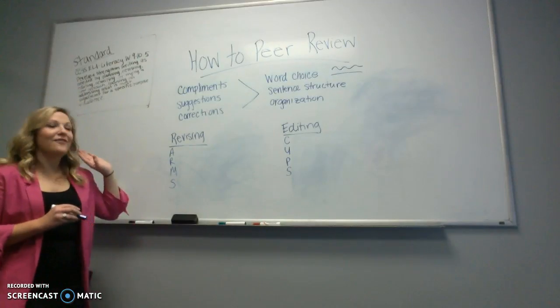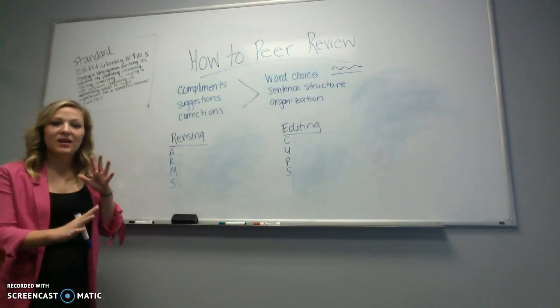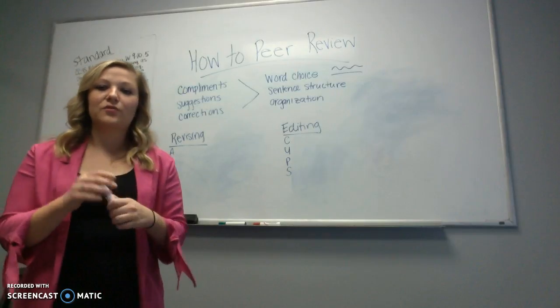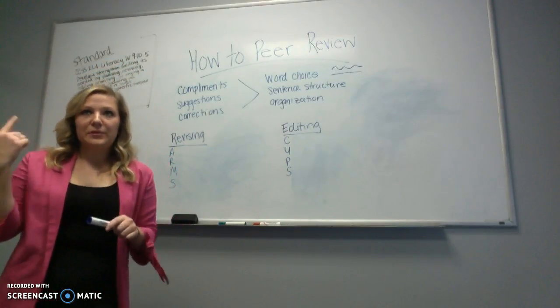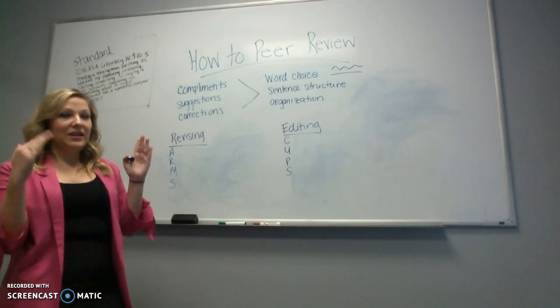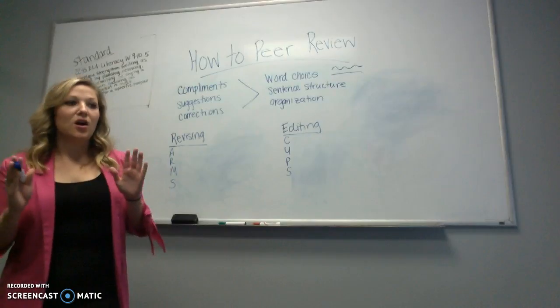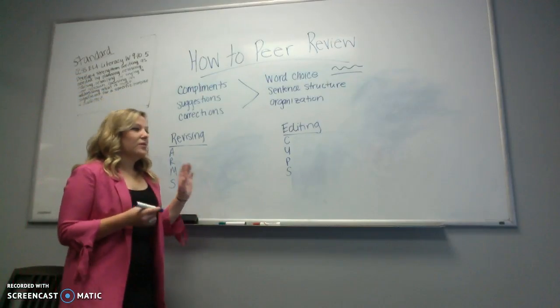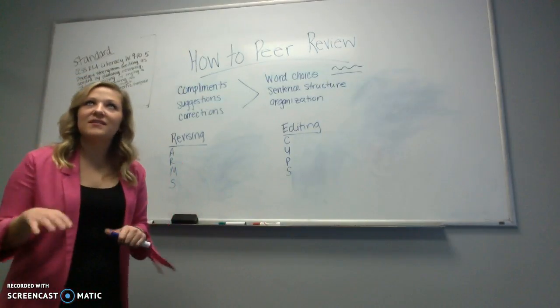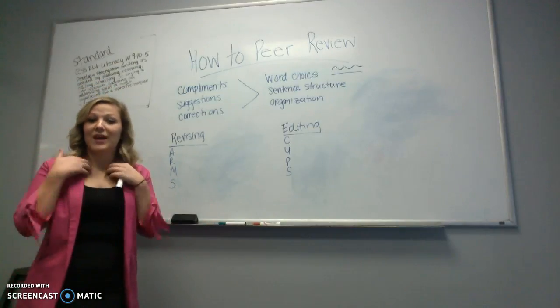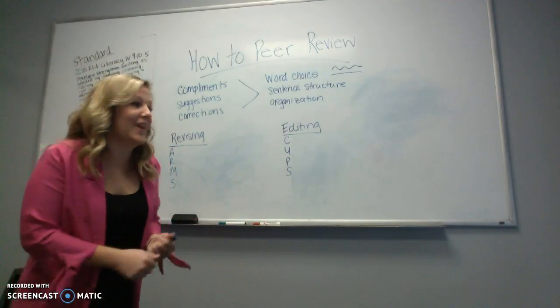So I have these mnemonic devices and acronyms for you to keep in your head, and it's going to make it easier to remember what we can be thinking about while peer reviewing our friends' papers. So you might think, oh, this is silly, this is dumb. It's not. It's going to help you, it's going to help me, it's going to help everybody's grades, okay?